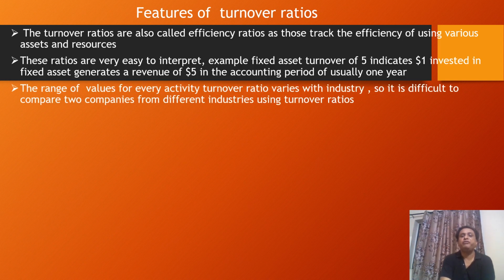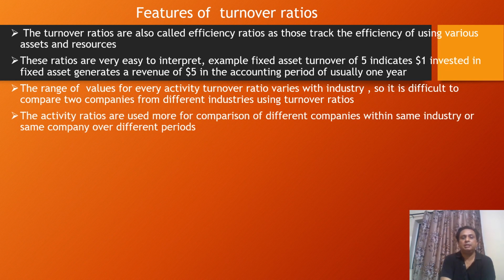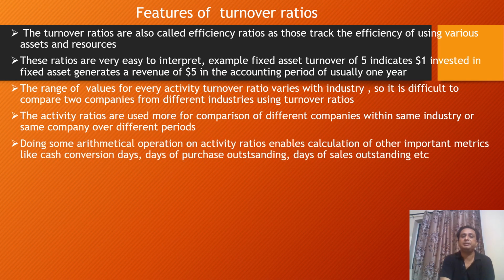The range of values for every activity turnover ratio varies with industry, so it is difficult to compare two companies from different industries using turnover ratios. The activity ratios are used more for comparison of different companies within the same industry or same company over different periods.